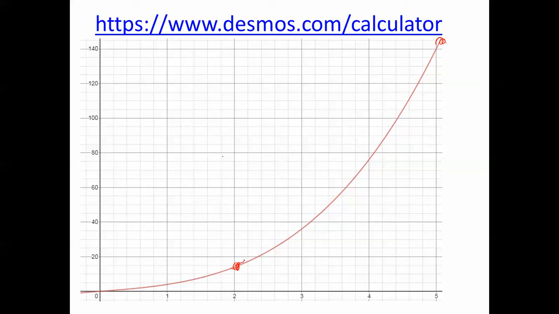I don't have a ruler, so I'm just going to do my best to draw this. Oh gosh, I don't know where that is. Maybe about over here. That'd be my guess. So that's where I'd say the tangent line is parallel to the line through the endpoints. Okay, let's check it out.